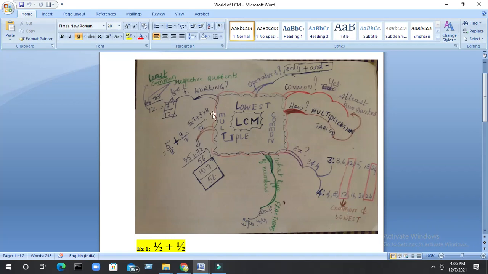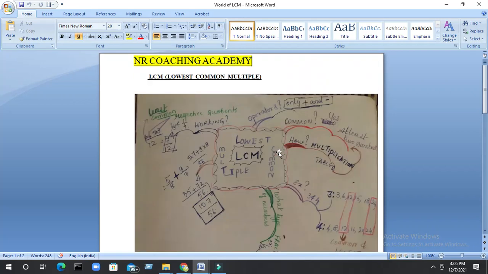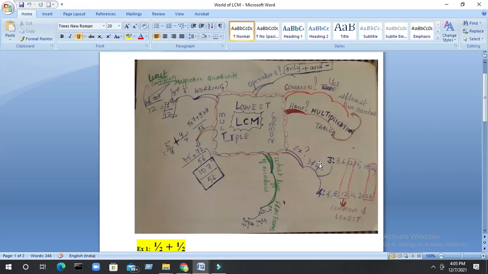Let me repeat the lowest common multiple concept again. It is the common number among the multiplication tables. How many numbers should I be comparing? At least 2 numbers. Our methodology is through multiplication tables, and we went directly to the example of the 3 and 4 tables.